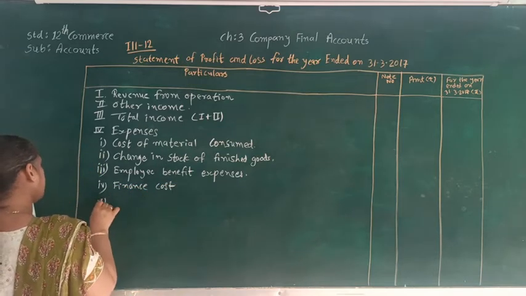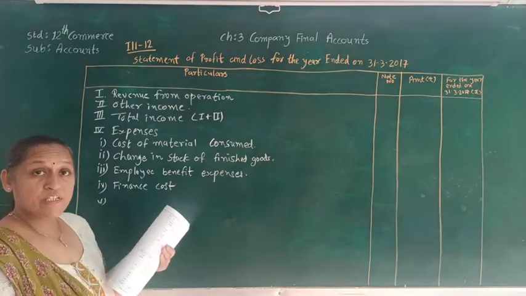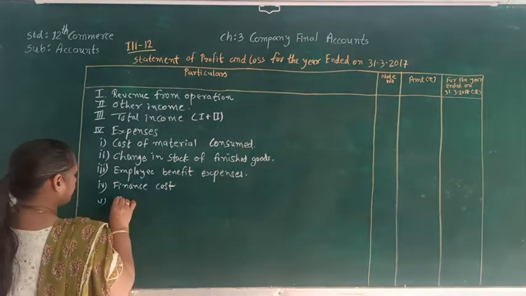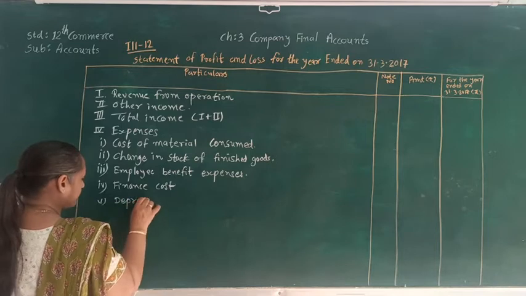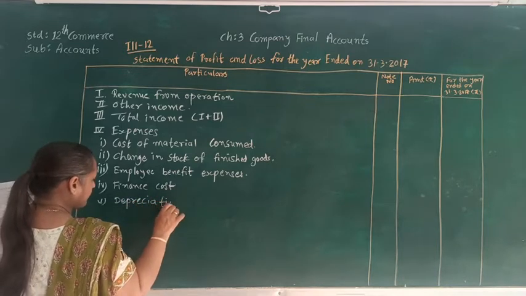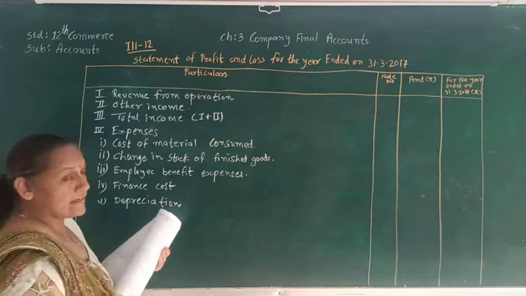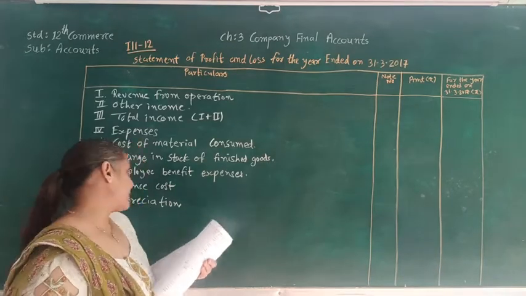And the fifth one is depreciation. And the last one is other expense.